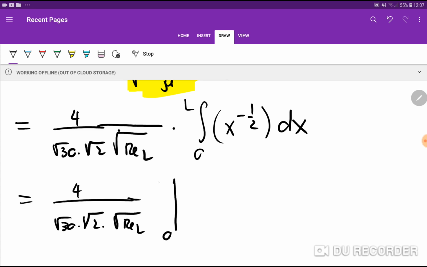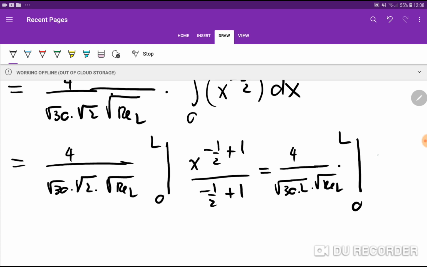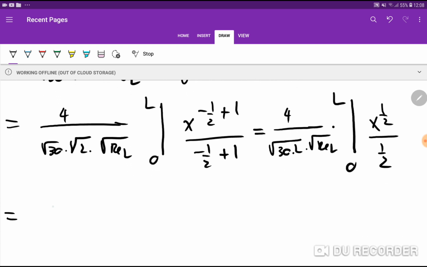So the integral from 0 to L of x to the negative 1/2 plus 1 over negative 1/2 plus 1. So it's equal to 4 over square root of 30 times L times square root of REL, integral from 0 to L of x to the 1/2 over 1/2. So let's rewrite, clean it up.